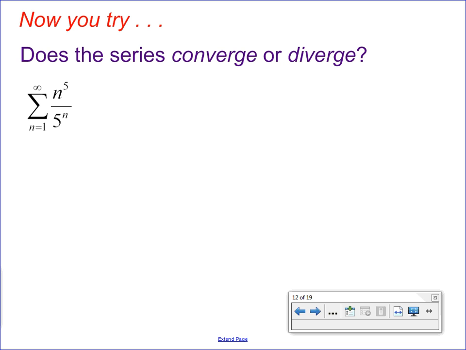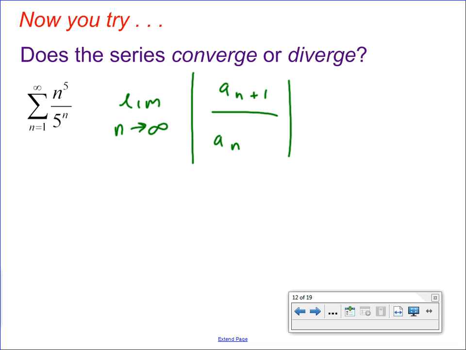Okay, so to determine the convergence of this series with nth term mixing the powers and exponential, we'll go ahead and use the ratio test. We'll consider the limit as n goes to infinity of the absolute value of the n plus 1th term over the nth term.